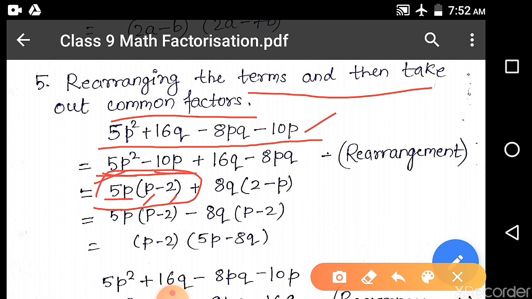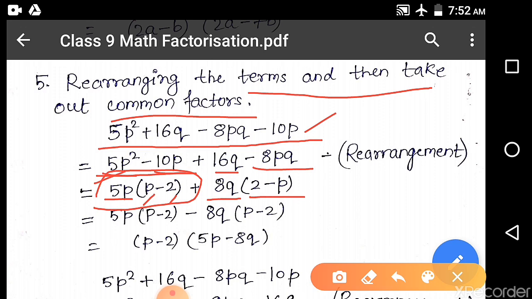Now we have the next two terms, that is 16q and minus 8pq. This is the rearranged term. Now from those two terms we can take 8q as a common factor, and what we have is 2 minus p. If we rearrange the terms in a different way, then we can do this sum in an easier way.